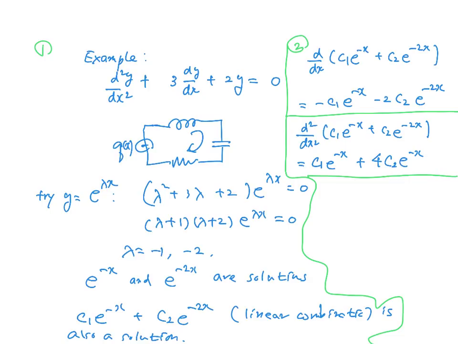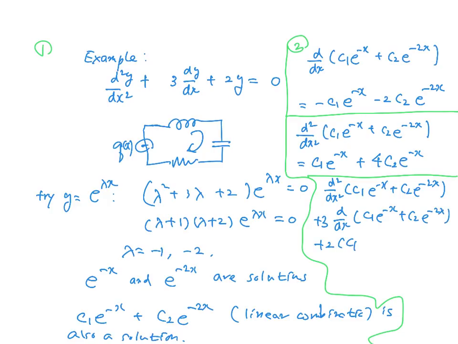So let's check d squared/dx squared of c1 exponential minus x plus c2 exponential minus 2x, plus 3 times d/dx of the same, plus 2 times c1 exponential minus x plus c2 exponential minus 2x.